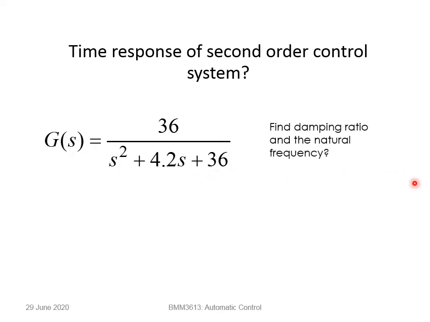How do you find the damping ratio and natural frequency? You can pause this video for a few seconds and try it out. Go back and look at the slide. How do you calculate the natural frequency and damping ratio?